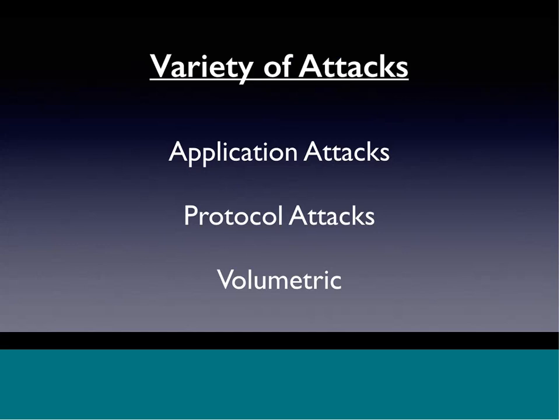On the internet, there are a variety of DDoS attacks, and they fall into three basic categories. Application level attacks try to exhaust resources, for example by doing a search on a website that is very expensive for your database server, and doing a lot of those searches very quickly.